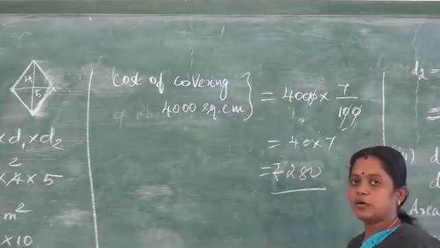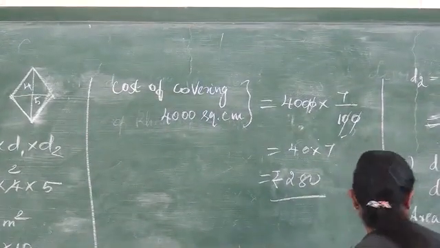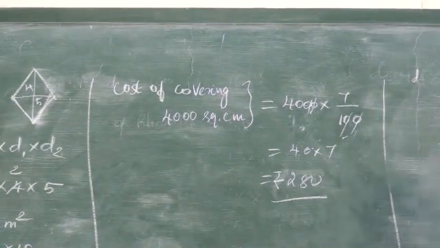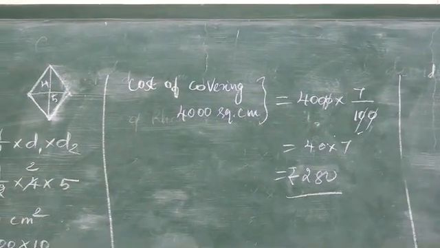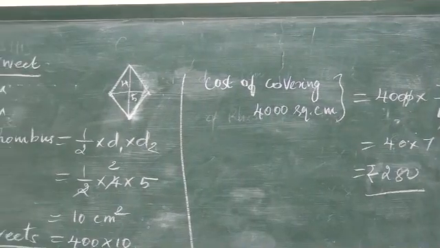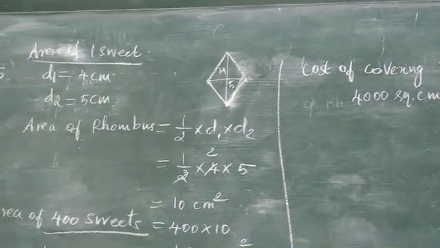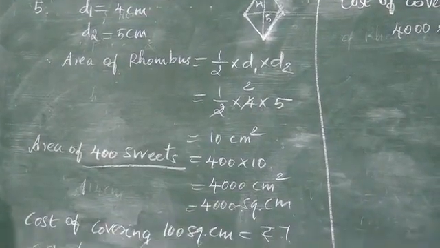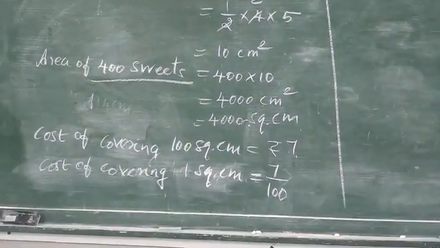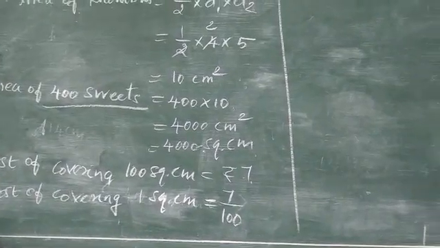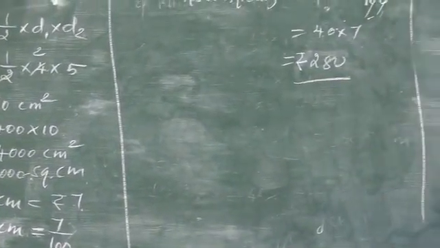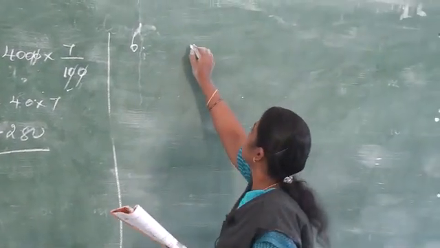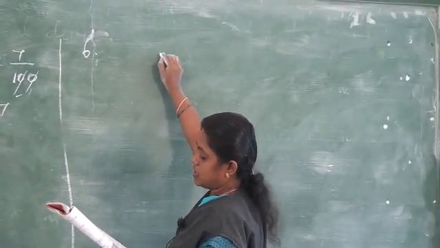Now we look at the objective type questions. 6th one. The area of the rhombus with the side 4 centimeter and height 3 centimeter. What is the area of the rhombus?